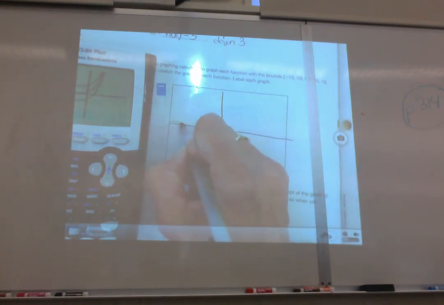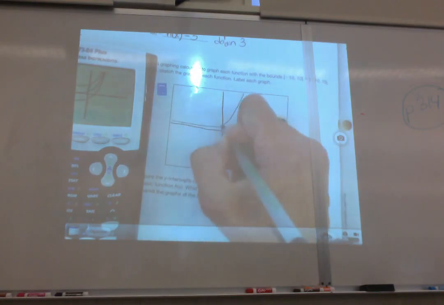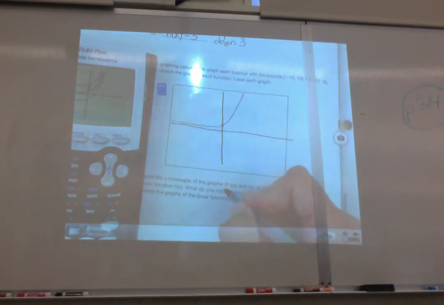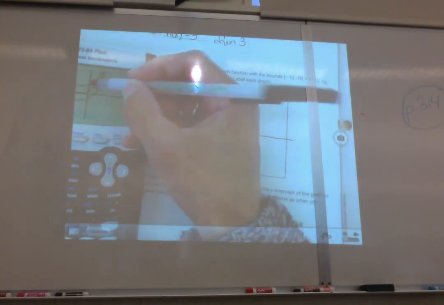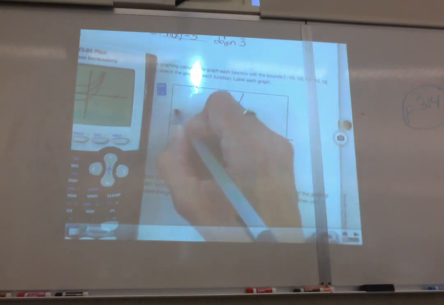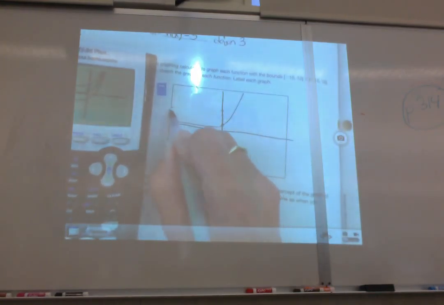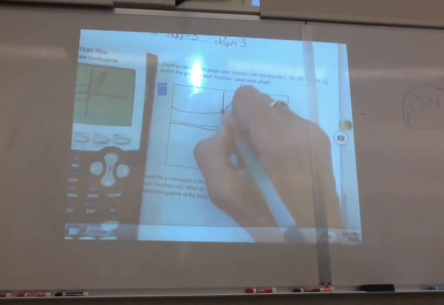Basic skims along the bottom, starts to curve up. It looks like it crosses at 1. 1, 2, 3, 4. That one. 1, 2. Starts here, coming in, curves up to cross at 4.